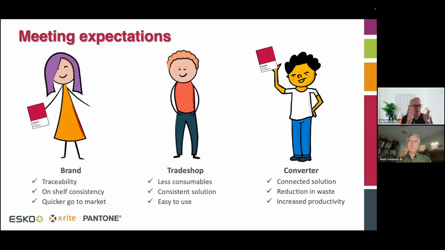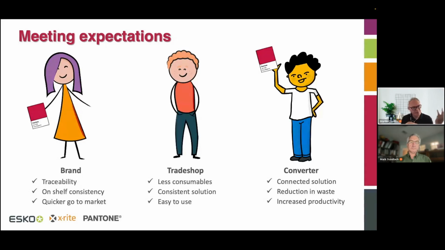And we've all got measurements at the moment. We're all being graded in some shape or form as to whether we are meeting our specifications. So we believe that what we've tried to do in this session is give you some awareness of how we can help you, depending where you may be, brand, trade shop, converters, etc. These are the things that we can try to do.